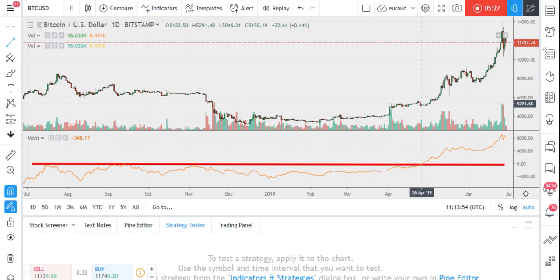It's unbelievable because the momentum went above the zero on the 26th of April 2019. Two months later, we have 9,000 US dollars of gain, which means almost 300%. So the momentum with this setup at 160 period seems to be something unbelievable, incredible, and not only has it given us 300% of gain, but it was also able to anticipate the price action for Bitcoin.